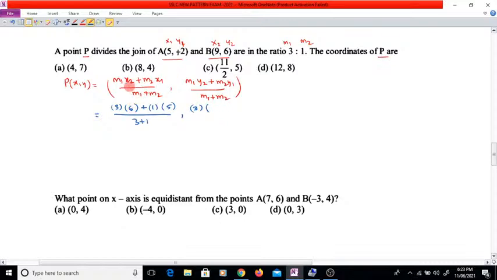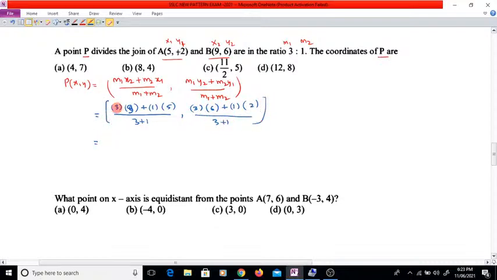Then m1 y2: m1 is 3, y2 is 6, plus m2 is 1 and y1 is 2, divided by 3 plus 1. Sorry for the disturbance.